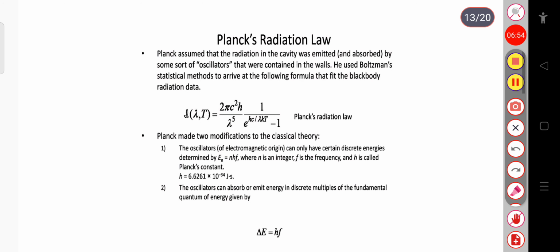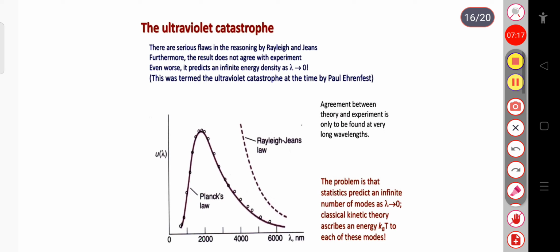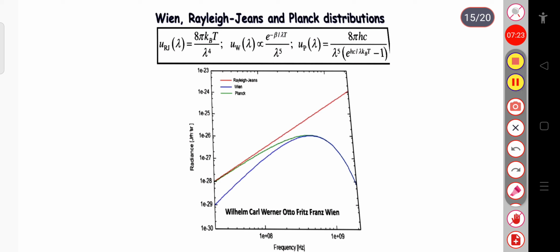This Planck's law is able to describe the longer wavelength region as well as the shorter wavelength region. The energy density that we have calculated using Planck's law satisfies the experimental result for both the shorter and the longer wavelength regions. You can see here that this curve satisfies the experimental result. Also, from Planck's law we can derive Wien's law as well as Rayleigh's law.